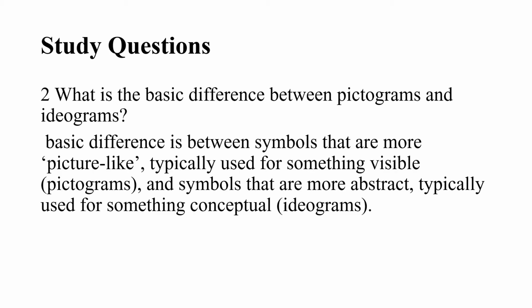The basic difference is between symbols that are more picture-like. If the symbols are more picture-like or typically used for something visible, they are considered pictograms. But if the symbols are more abstract and typically used for something conceptual, they are considered ideograms. And hence the name ideograms, idea writing, so writing an idea.